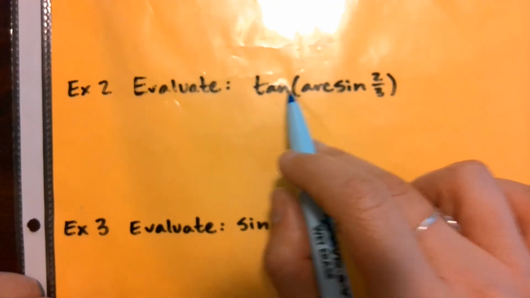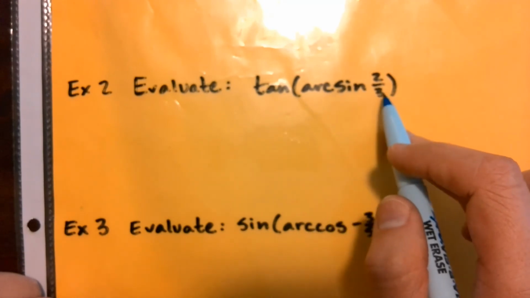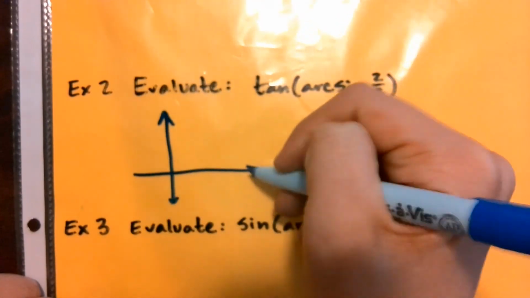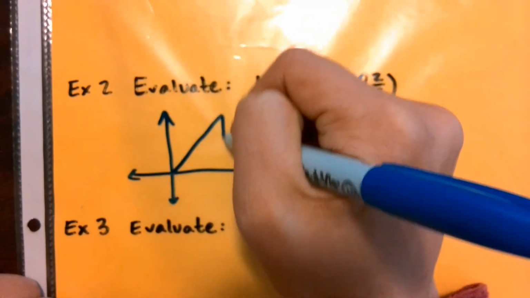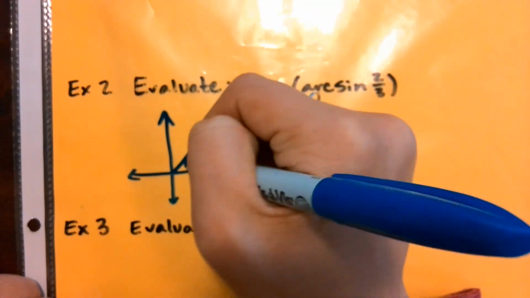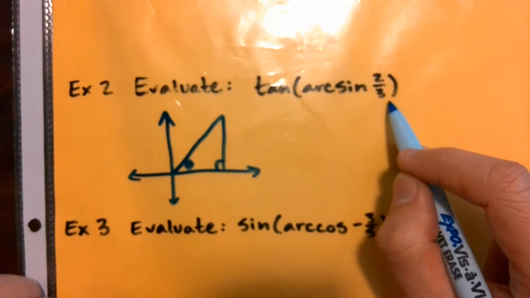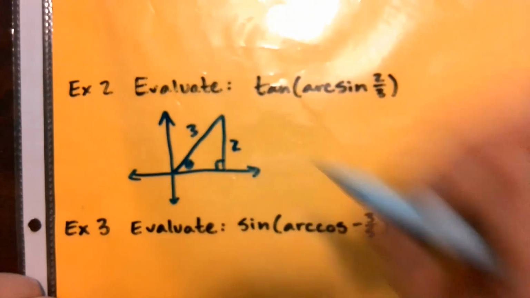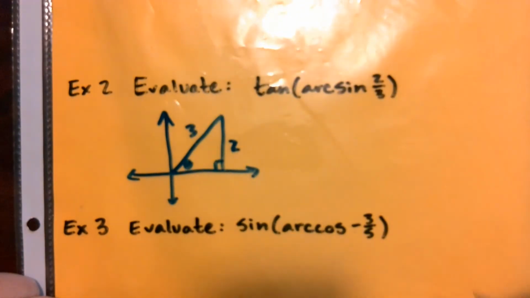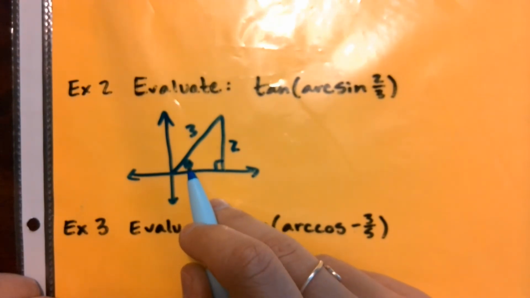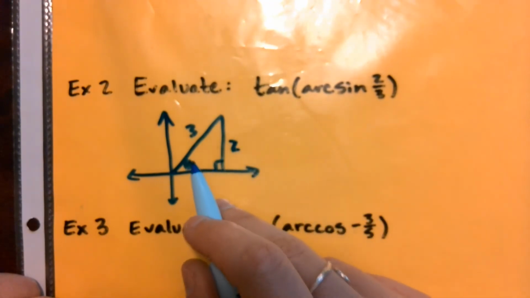Okay, so first of all, for arc sine being positive, that means that we're in the first quadrant. So if we want to get a good idea of what's happening, we can go ahead and draw our triangle in the first quadrant. If arc sine is 2 over 3, that's saying for that angle, the opposite over hypotenuse is 2 to 3. And then we're finding tangent of that same theta.